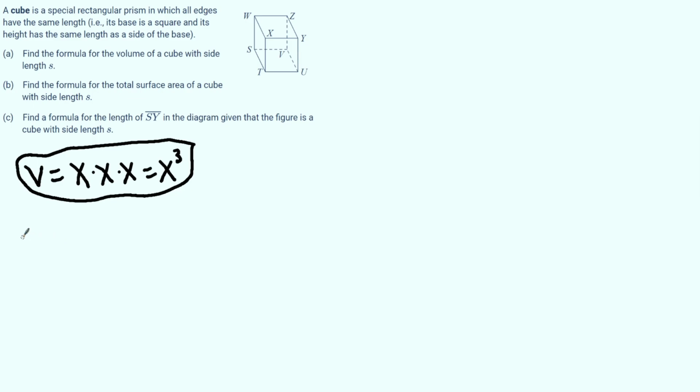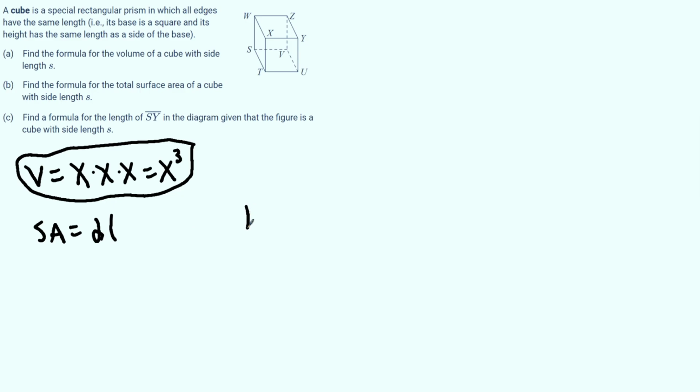Very simple. So, surface area. Again, from the previous problem, we know that it's the sum of all the areas of all the faces. And we know that each opposite pair of faces will have the same area. So it's really 2 times the area of each pair of opposite faces.